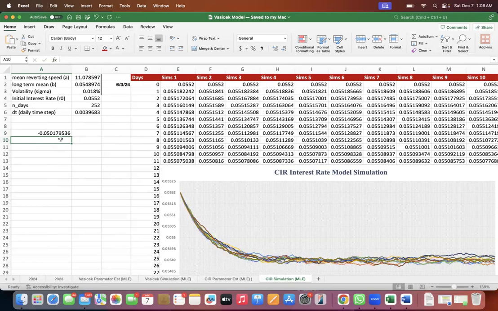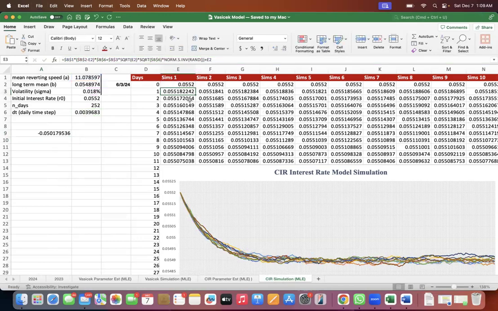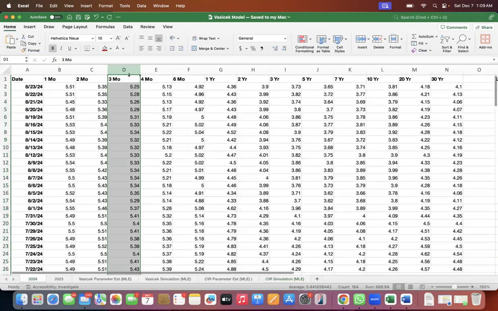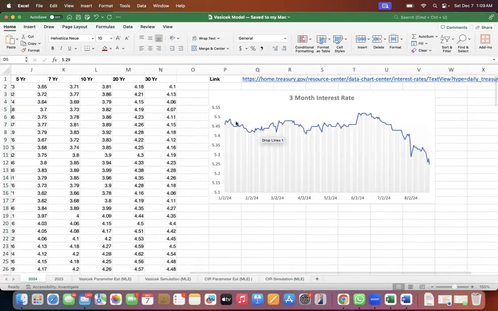Okay, so it basically means that if you see this component, it is giving a random number every time, and that's why these numbers are different. And as I said, why do we use this Brownian motion? To capture the randomness. If you see the interest rates, it was 5.25, 5.28, 5.26, 5.29. If we model the 3 month interest rate, there are so many random fluctuations.